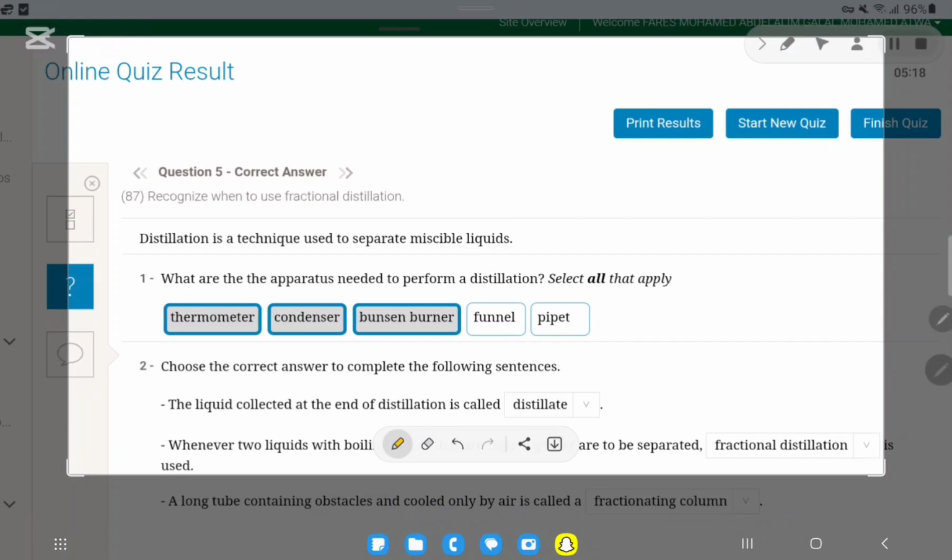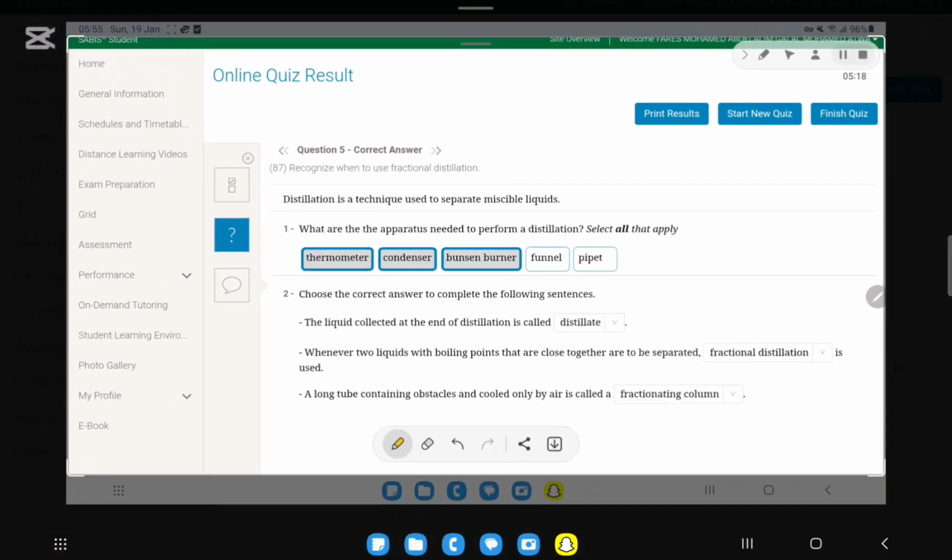The basic apparatus when using distillation is you have a round bottomed flask here, and then a thermometer, and then you have a condenser here. I don't remember the exact thing, but you get the idea.